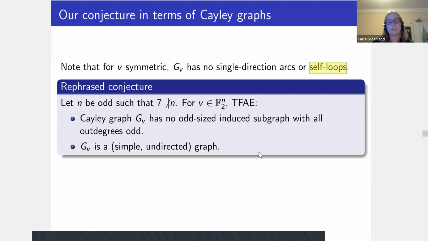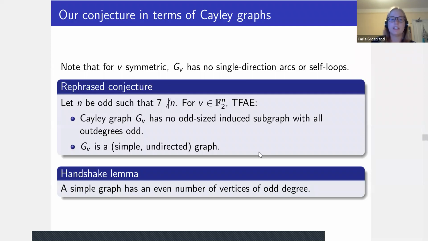Okay, so now let's step back and look at this conjecture again. Actually, one of the sides of this conjecture has become quite trivial. If you remember the handshake lemma, it says that whenever we have a simple graph, we always have an even number of vertices of odd degree.